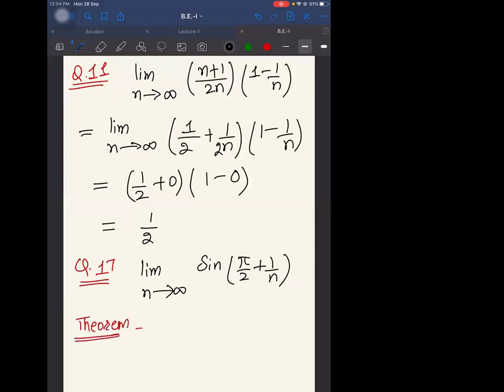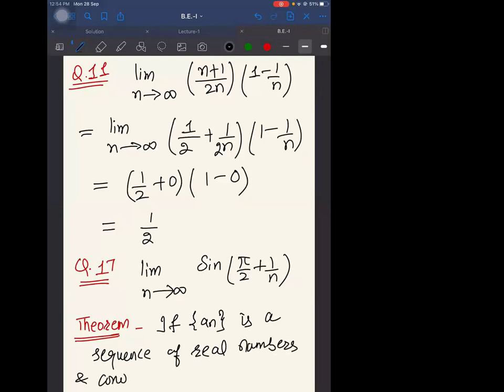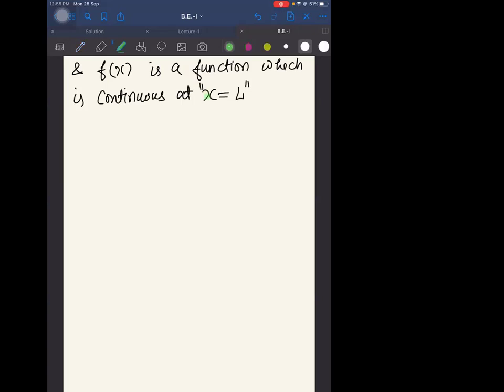There is an important theorem, and that theorem says: if An is a sequence of real numbers converging to L, and f of x is a function which is continuous at x is equal to L, always keep in mind that the function should be continuous at x is equal to L.